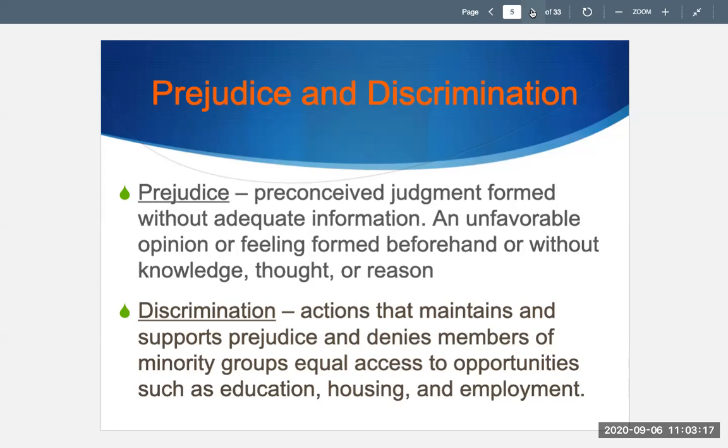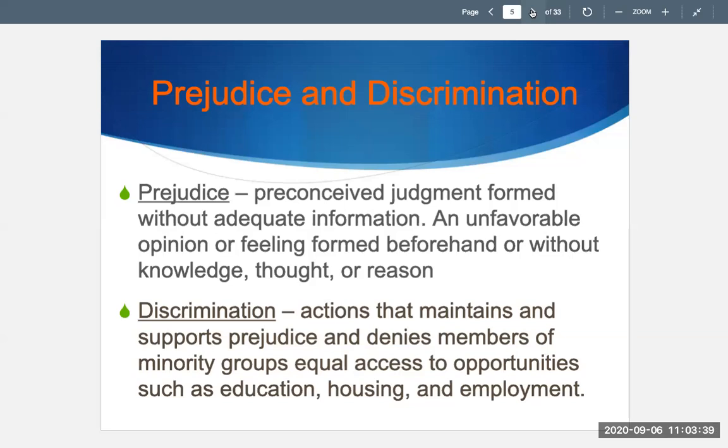I think the critical piece about the concept of prejudice is that it's preconceived. So it's based on assumptions that you may have based on either your prior experience, what you've seen in the media, what you've heard from your families, that these kinds of people are this kind of way.